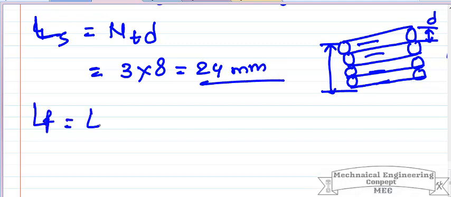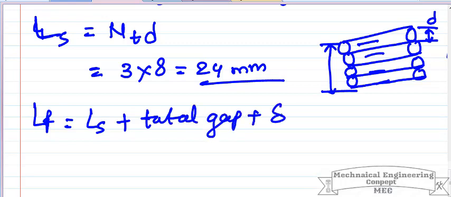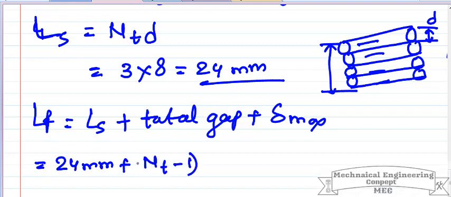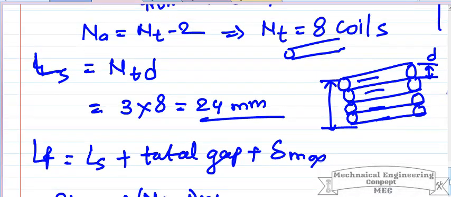Okay, next free length. So for free length, this formula needs to be remembered: solid length plus total gap plus delta maximum. Solid length we know is 24 mm, we already calculated. Total gap is the total number of coils minus 1 into the gap between adjacent coils, which is given to us as 1 mm.